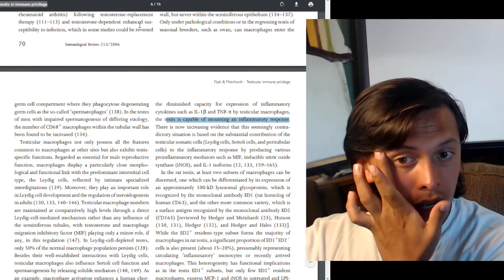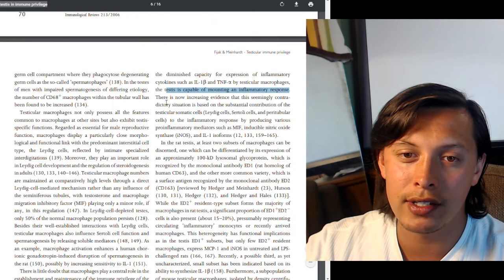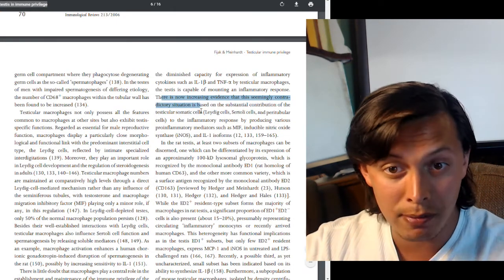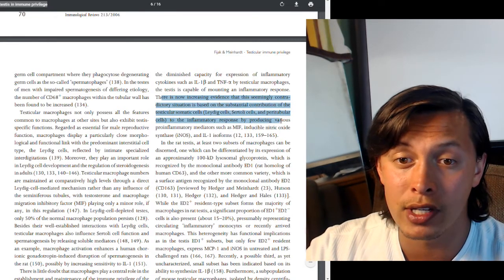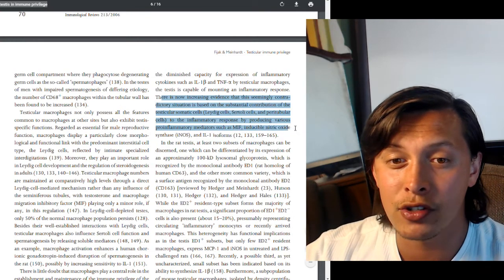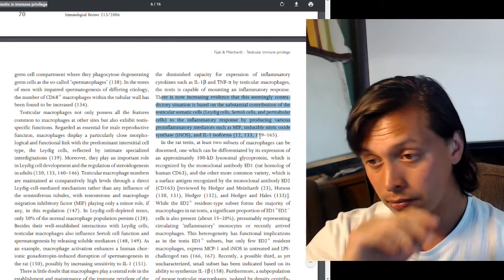Okay, that makes sense. There is now increasing evidence that the seemingly contradictory situation is based on substantial contribution of the testicular somatic cells to the inflammatory response by producing various pro-inflammatory mediators such as MIF, inducible nitric oxide synthase, and interleukin-1 isoforms.